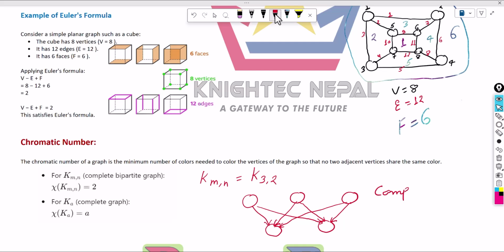So we have just constructed the K 3,2 complete bipartite graph.